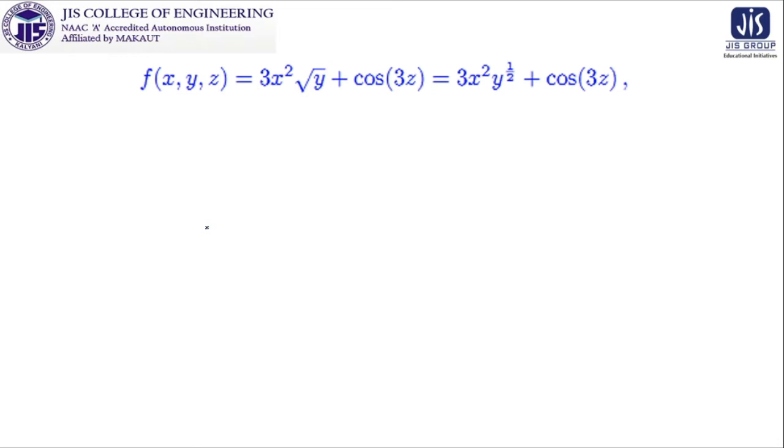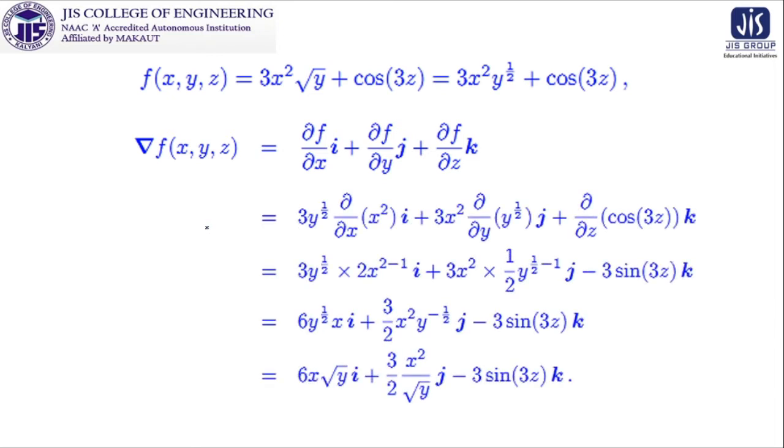And if we do this along with the association of i, j and k, what we get is the definition of gradient, that is del of f of x, y, z. Now f is given, we have to differentiate it partially with respect to x, then y, then z. So this is going to be the stepwise problem.